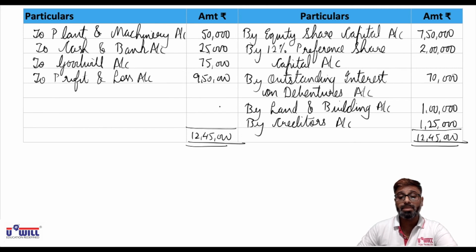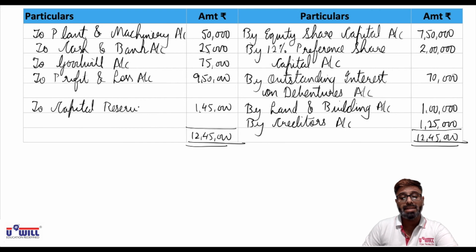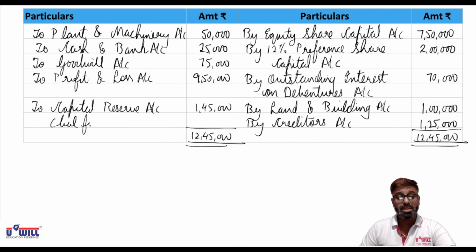Now from that you subtract the debit amounts. So 9,50, 10, 10, 25, 11. So 1,45,000 will remain. Okay. So 1,45,000 we will transfer to capital reserve account as the balancing figure. Okay, the surplus amount we have transferred to capital reserve.